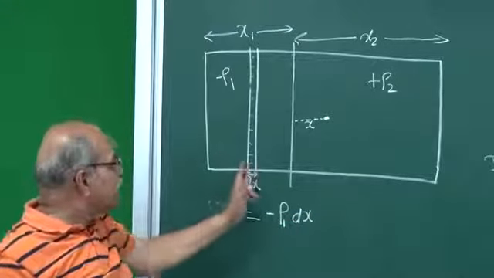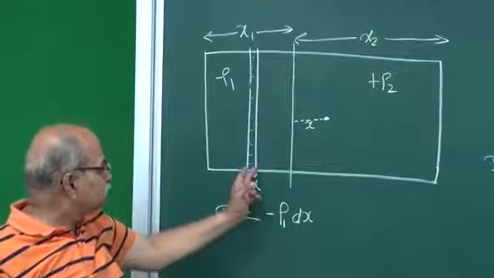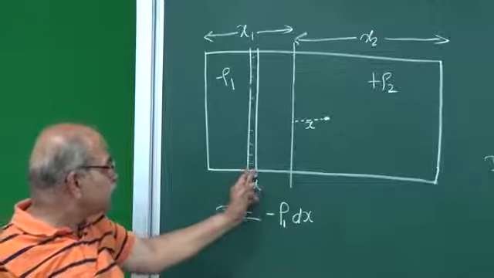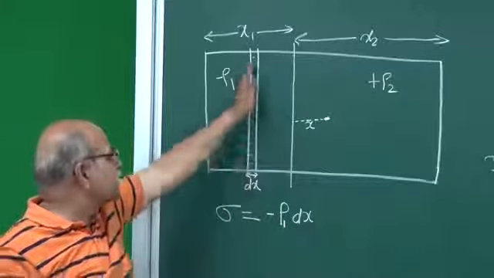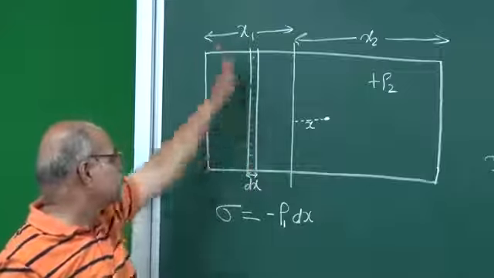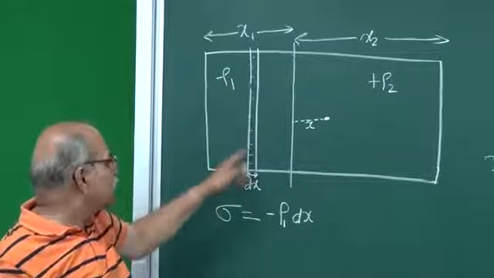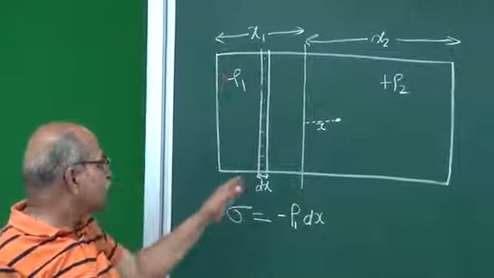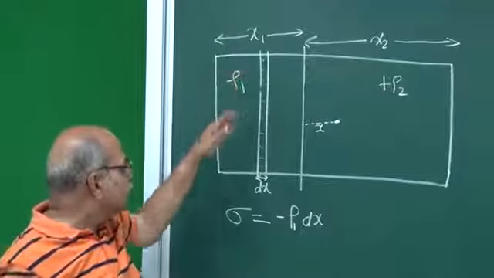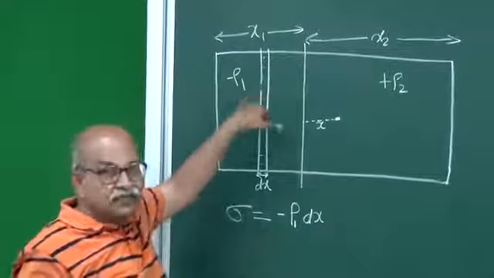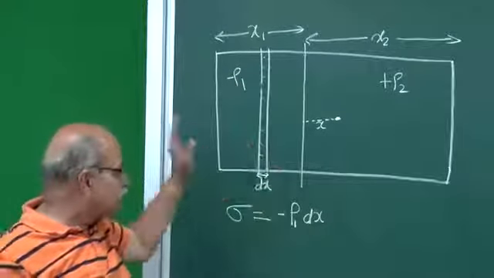Since it is a thin layer here, I am taking dx, so I can treat this whole charge as on a surface charge layer. Then the total charge will be minus rho 1 times dx times that area, and then I divide by the area to get charge per unit area, and that will be this much.